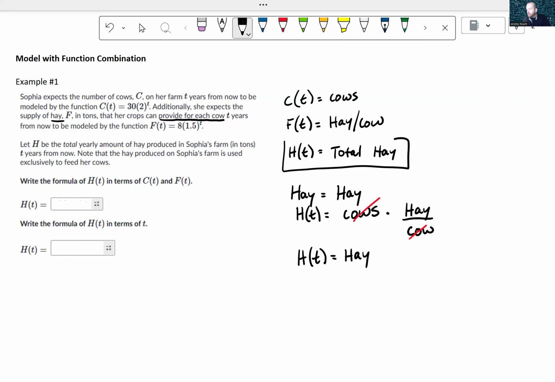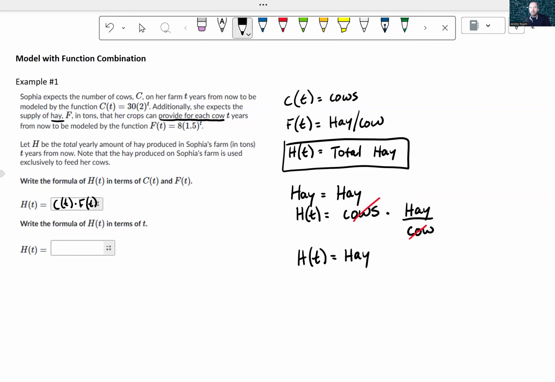And that was our original statement there, that the H of T is the total hay. And so we just multiplied C of T times F of T. So this first part's going to be C of T times F of T.